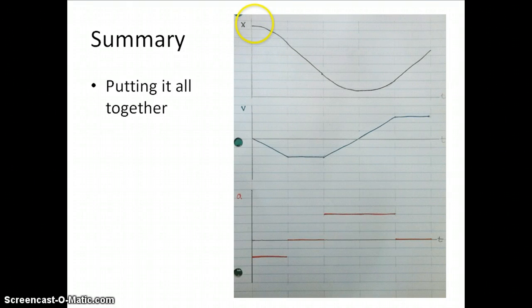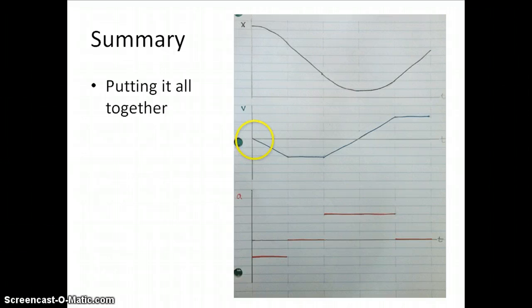So this part right here, we're going from flat to steep, right? So that means that we are speeding up, right? Flat to steep, that we are speeding up. But it's a negative slope, so we're speeding up in the opposite direction.